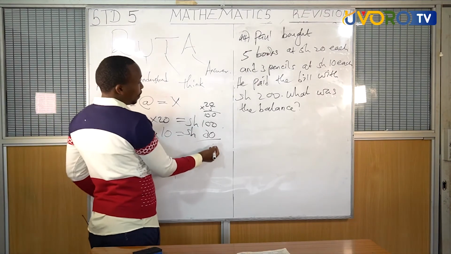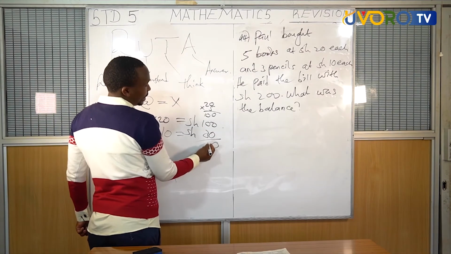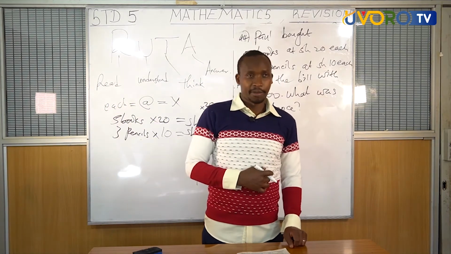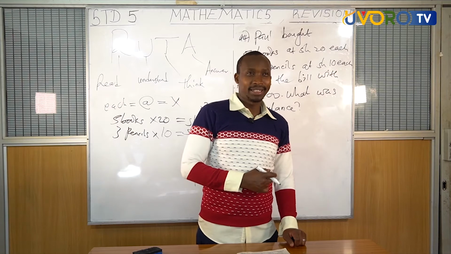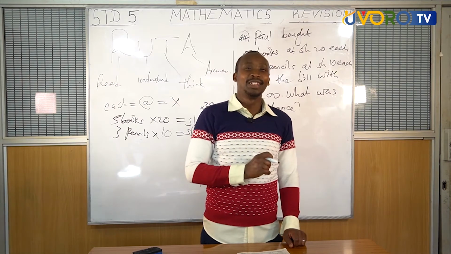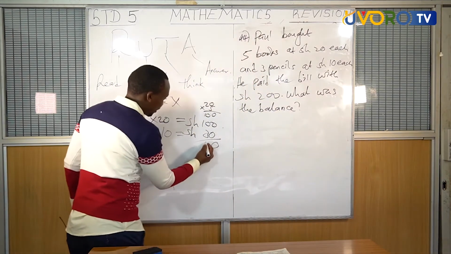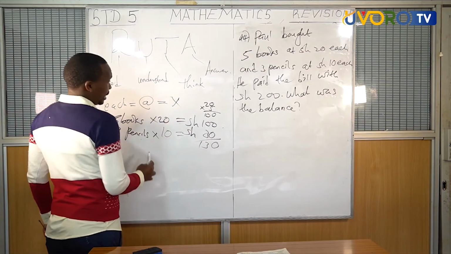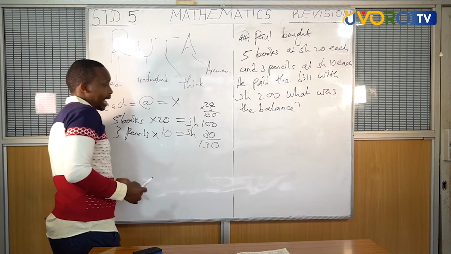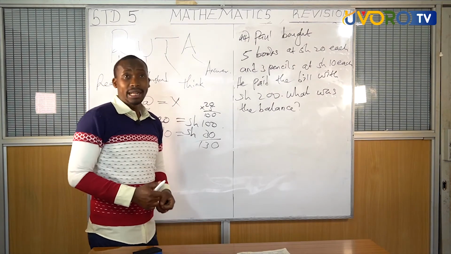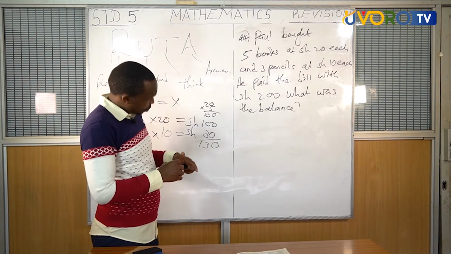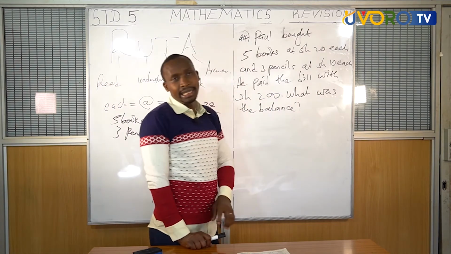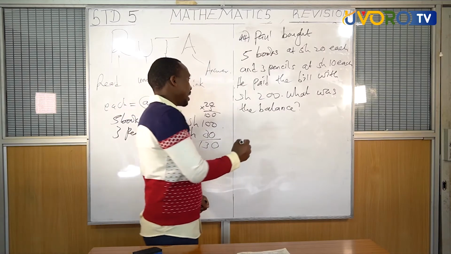That is 0 plus 0 is 0. 0 plus 3 is 3 shillings. You don't have nothing, you have 3 shillings. You drop that 3. 1. So the money that the items have costed is shillings 130. But now you are told he paid the bill with shillings 200.